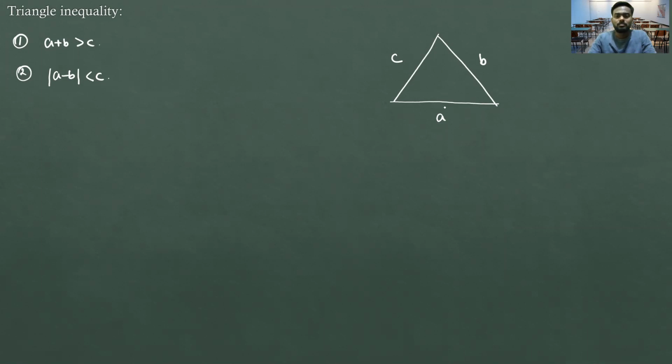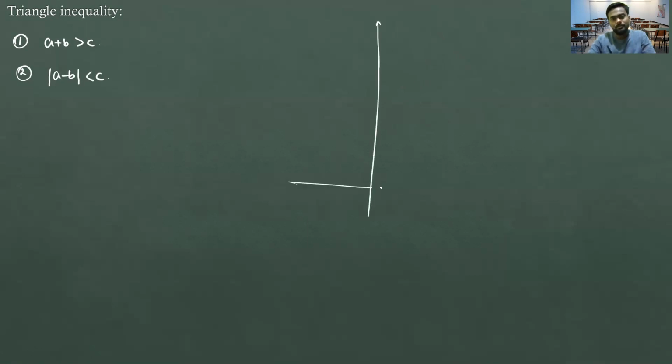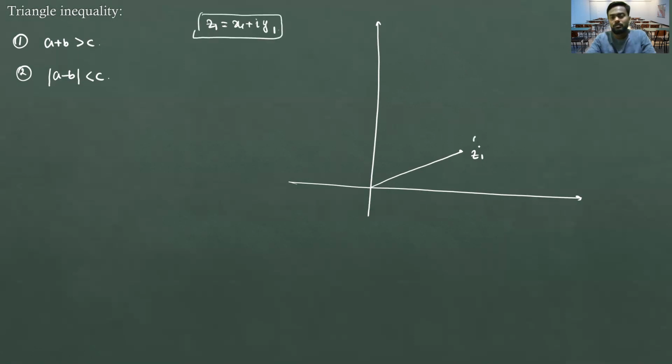See, this is an Argand plane. If I take any point here, Z1, suppose Z1 is equal to X1 plus iota Y1. So this point will be X1 comma Y1, right?